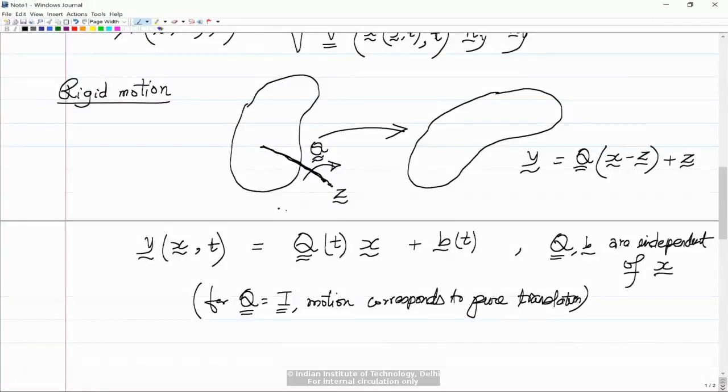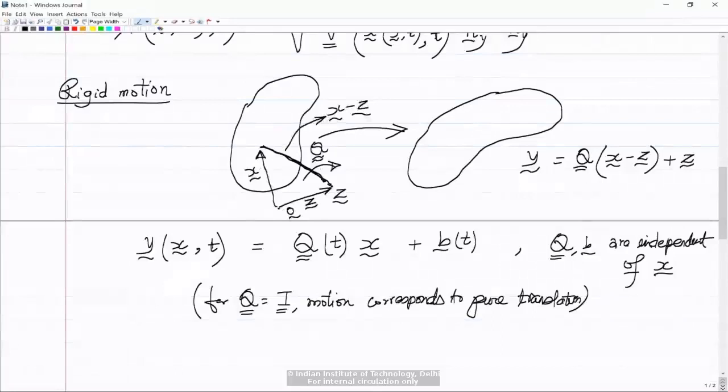See, so here's the point O, and here is the point x. So this is x, this is z, okay, and this thing is x minus z. So what is rotating here is the vector x minus z.